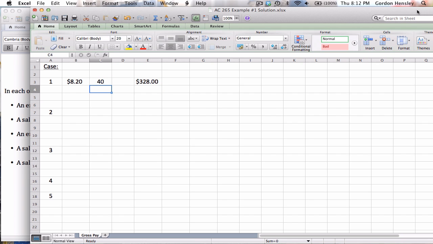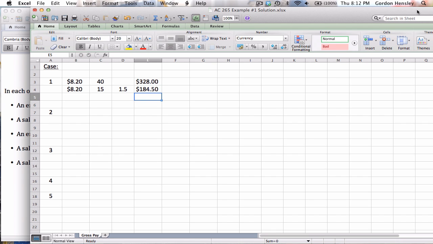But there's an additional 15 hours that they worked because they worked 55 hours overall. Now that's going to be based partially on the regular rate of $8.20 an hour, but I also have to add the overtime rate. Now remember, unless we're told otherwise, we assume an overtime of 1.5 times the regular rate. So what I'll do here is I'll get the $8.20, I'll multiply that by the extra 15 hours, and then I'll multiply that by the 1.5, and that will give me the overtime pay.